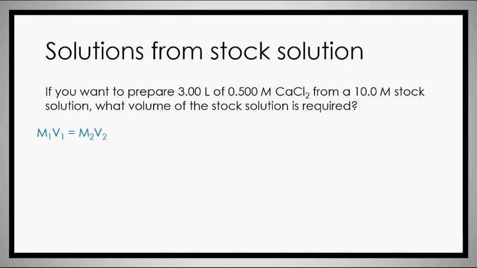Using M1V1 equals M2V2, I know my M1 is 0.500. I know my V1 is 3.00. I know my M2 is 10.0, and I'm looking for my V2.